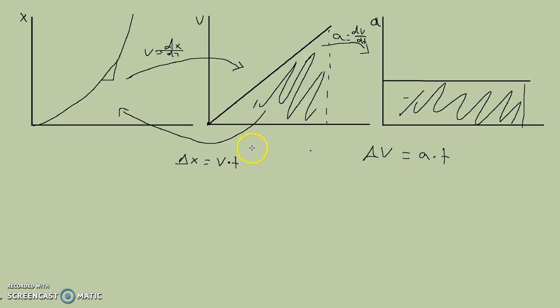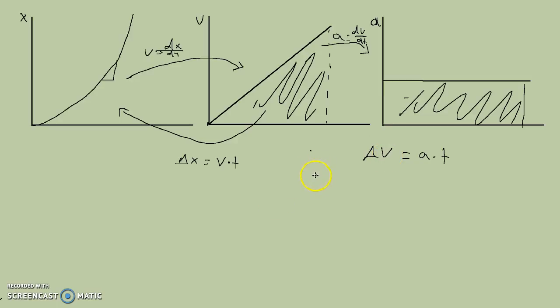Okay, and so we know these relationships, and this particular set of circumstances where the acceleration is constant is important because it's something that comes up a lot. It's actually really tricky to have a scenario where acceleration is actually constant, but there's a lot of times when it's relatively constant, and it's constant enough where we can assume that it's constant.